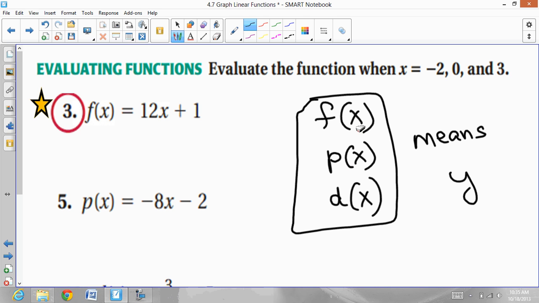Your f of x or p of x or d of x or h of x or anything, they all mean y. I can replace each of these by y. It's just another way of calling y.